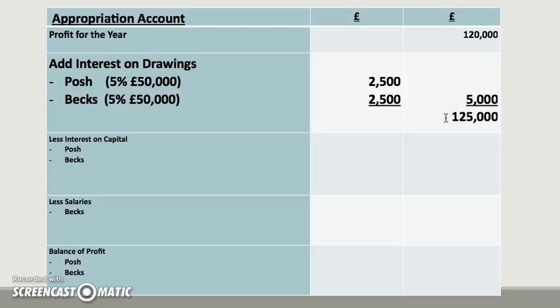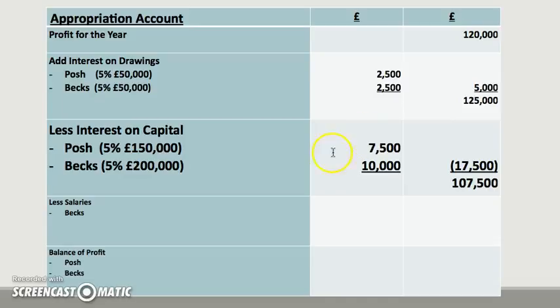And it's that profit figure that we're now going to share out between the partners in the way they've agreed in their partnership agreement. Now the first way we're going to share it out is to share out more to the person who risked more capital. You'll remember Posh invested £150,000 of capital, but Bex had risked more, £200,000, and therefore they're going to receive 5% back on that, in the same way they would receive interest if they put it into their bank account.